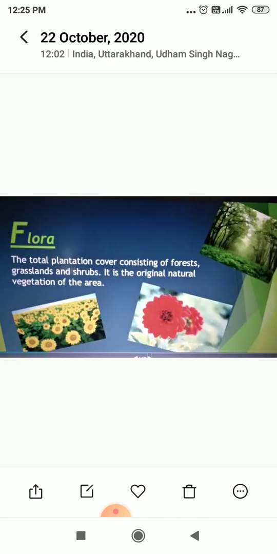Now, flora. The term flora is used to refer to the plants of a particular region or period. It is the total plant cover consisting of forests, grasslands, and shrubs, the original natural vegetation of the area. That all refers to flora.